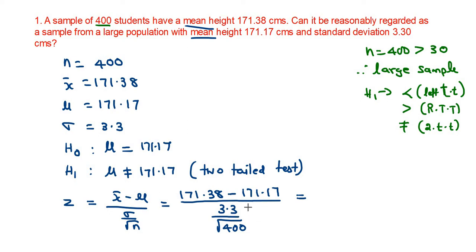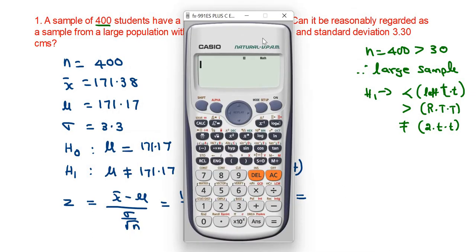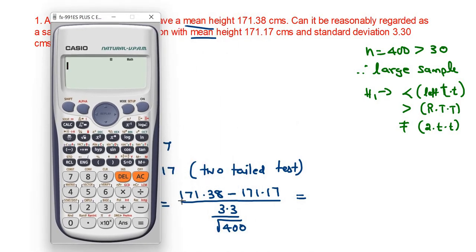So now we'll calculate how much it is. Usually students make mistakes while calculating the values. So what we are going to find is this Z value.